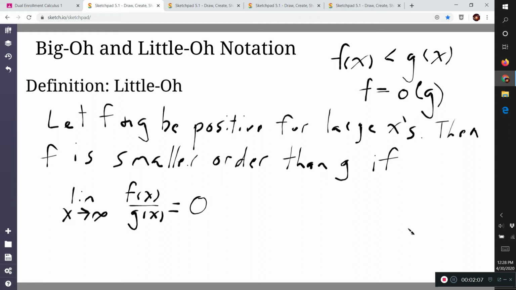Now we have a specific notation. If this is true, we write f equals little o of g. And the way this is said is just as I said it, f equals little o of g. So when we say that f equals little o of g, we're pretty much just saying f is slower than g. So let's look at a couple examples of that.